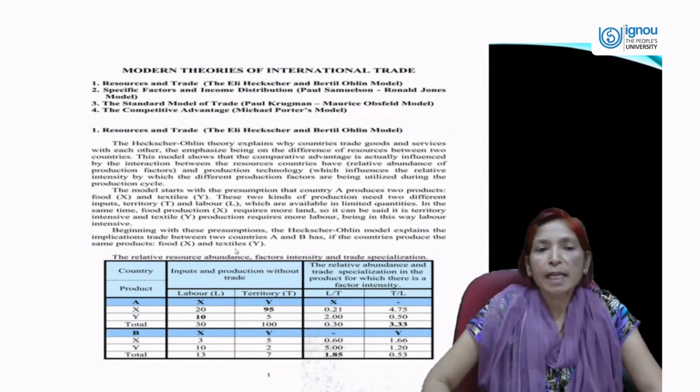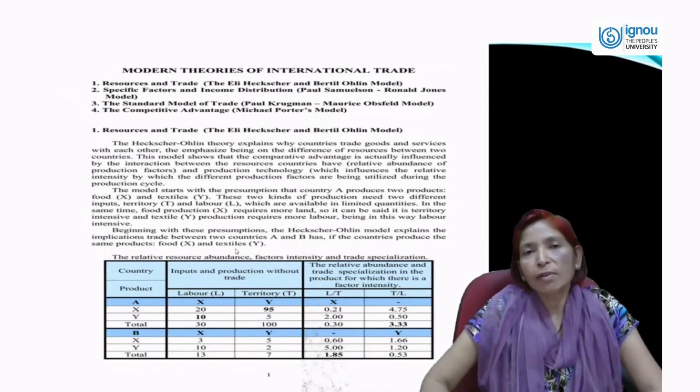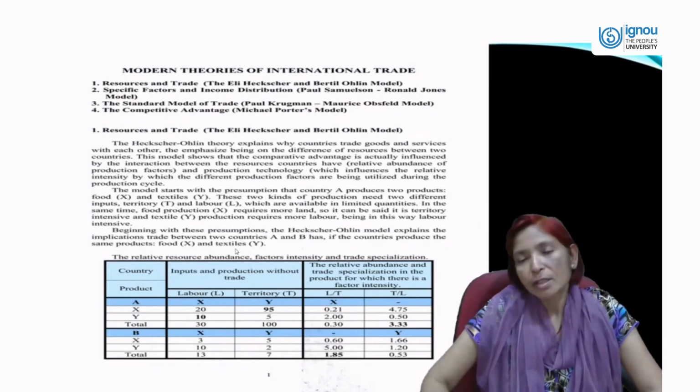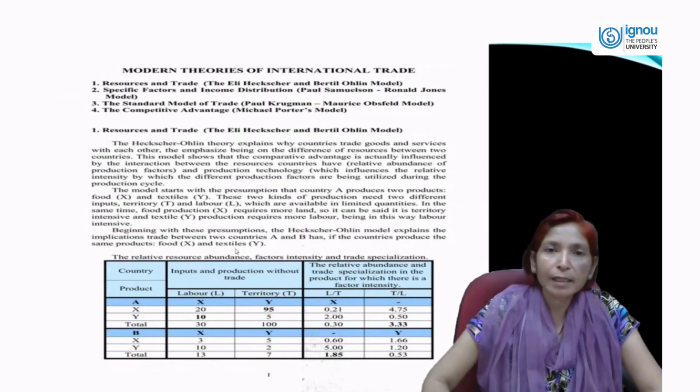The main emphasis is on the difference of resources between two countries. This model explained that comparative advantage is influenced by the interaction between the resources countries have and the production technologies by which the different production factors are utilized during the production cycle.